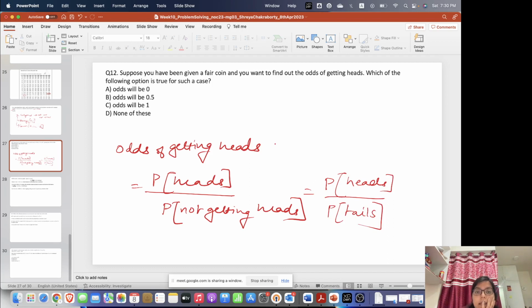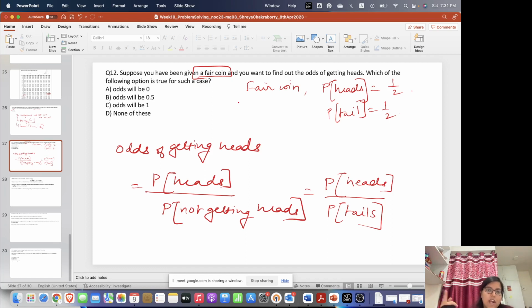Now it has been given that it's a fair coin. So for a fair coin, probability of heads will be half and probability of tail will also be half. If we repeat tossing 500 times, 1000 times, 10,000 times, as we increase the number of trials, we would see that the number of heads and tails are almost equal.